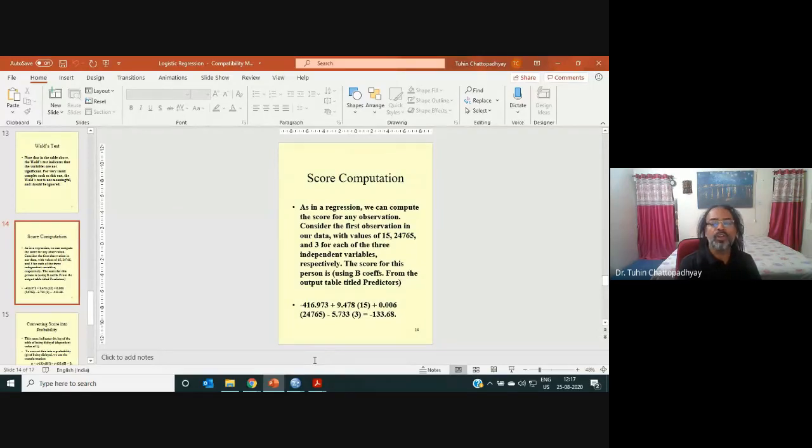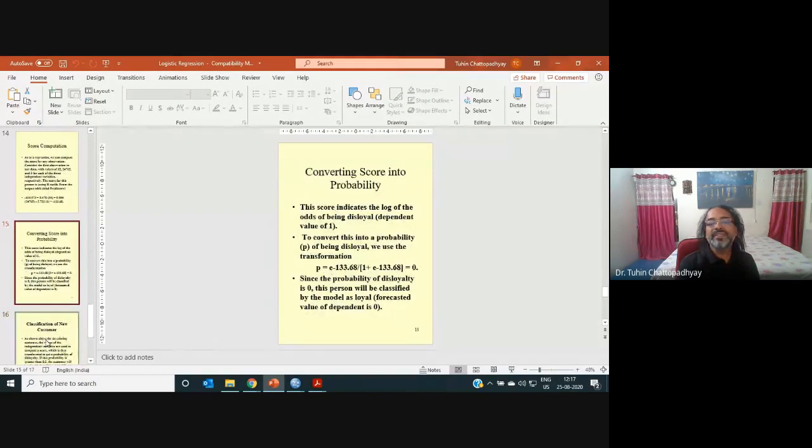Of course, the software will do it for you. I'm just intentionally writing it out so that you can understand how things actually happen. Now you have to put it in a formula. This score indicates the log of the odds of being disloyal, that is, the customer leaving, value 1.